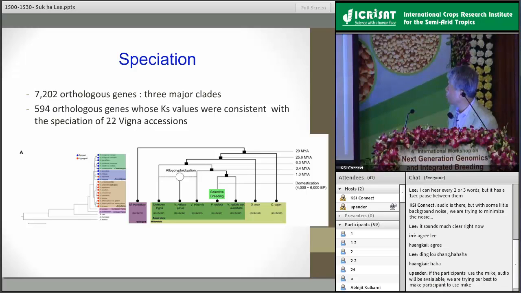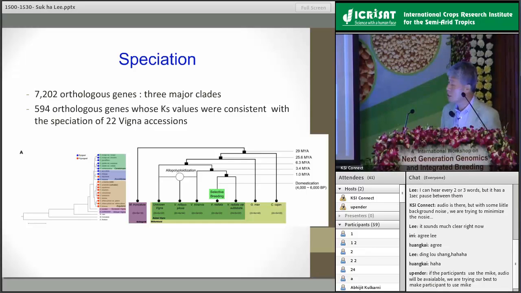We calculated the divergence time between Vigna radiata and its wild type, Vigna radiata sublobata. It's about 1.20 million years ago. Domestication occurred around 6,000 years ago, so this species divergence predated domestication, indicating that before domestication, Vigna radiata was existing in nature.